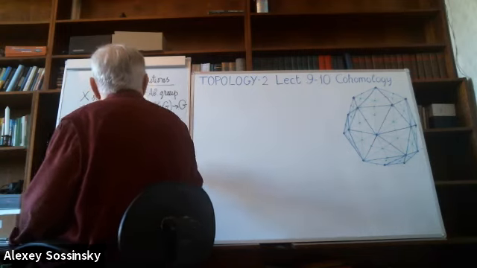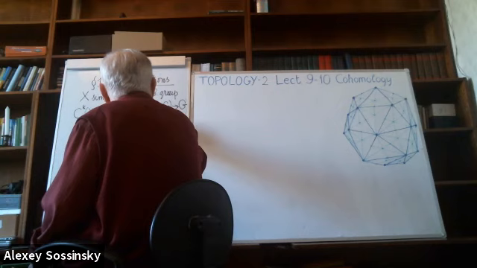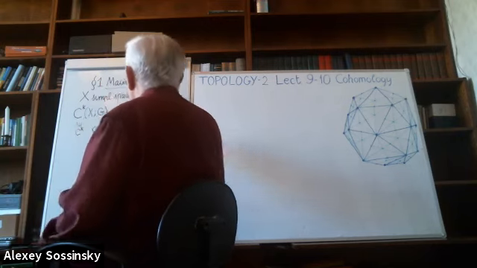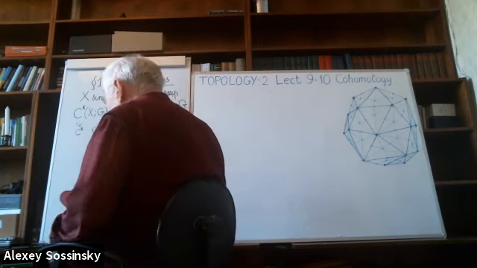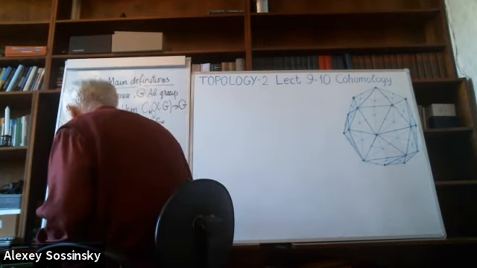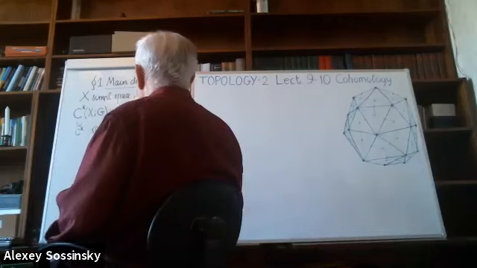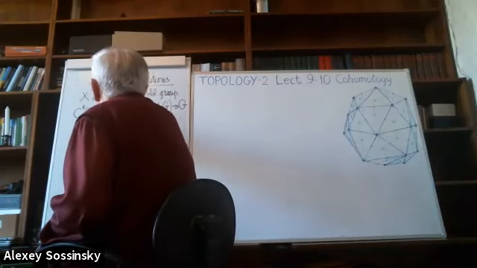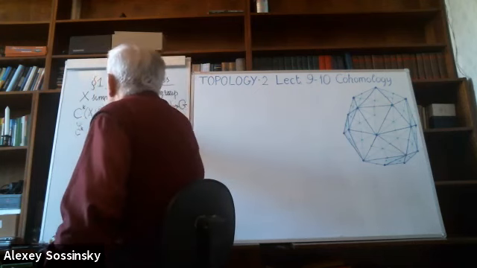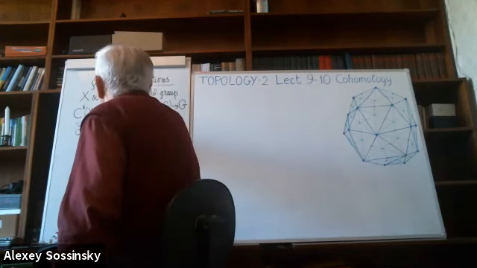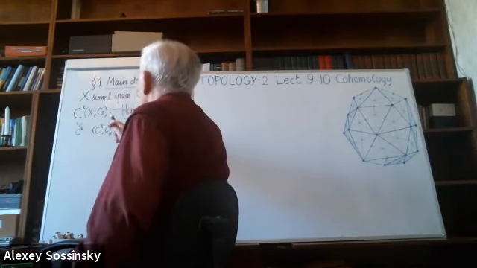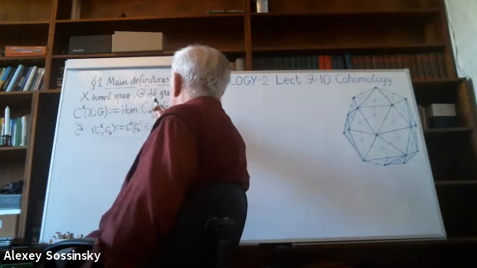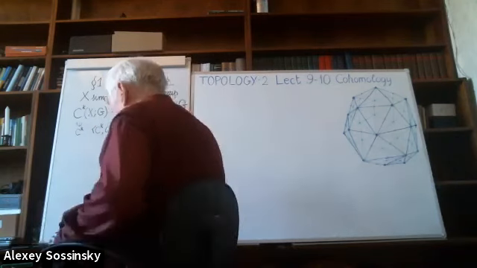So this value is what? It's a number, or to be more precise, it's not a number, it's an element of the group G. So what we obtain is a group of cochains of dimension k of the simplicial space X with coefficients in G.